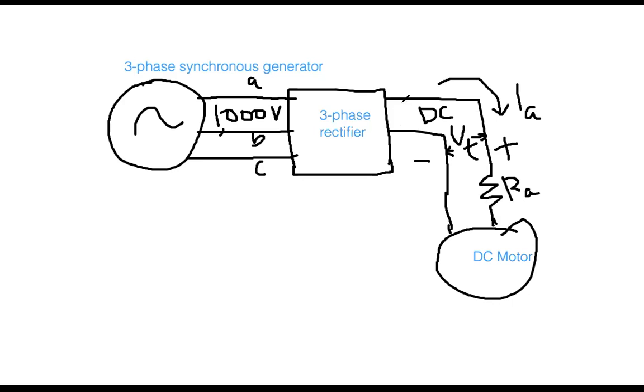This is the applied voltage to the motor at these two terminals. This means definitely this portion is your DC and this side is AC. So keep in mind, because this is a three-phase rectifier, on the left side it is AC, on the right side it is DC. And then that DC voltage is going to the DC motor. Now this is the three-phase synchronous generator.